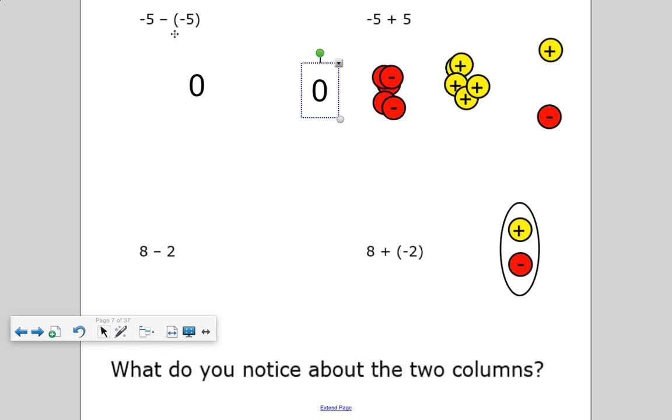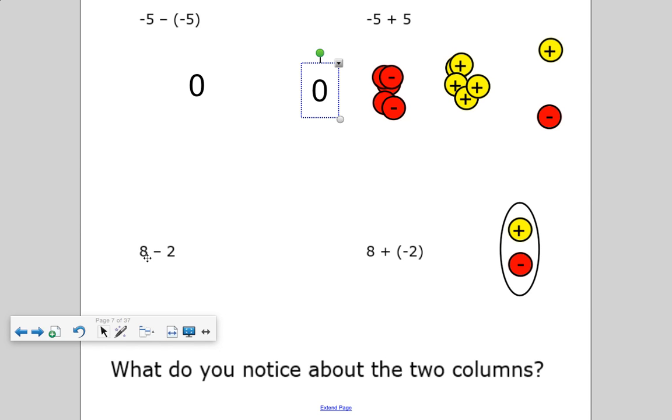So how can I rewrite this subtraction expression into an addition expression? It seems like we both started with negative 5. This one took out 5 negatives. This one added 5 positives. And they both had 0.